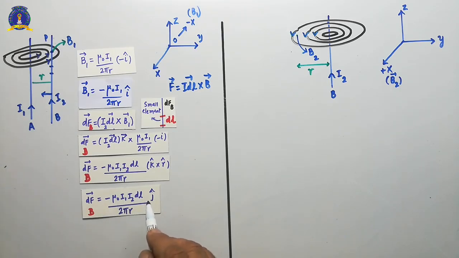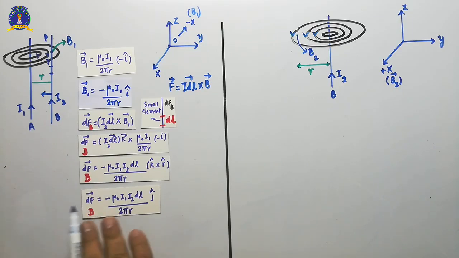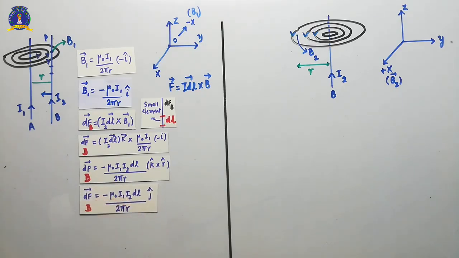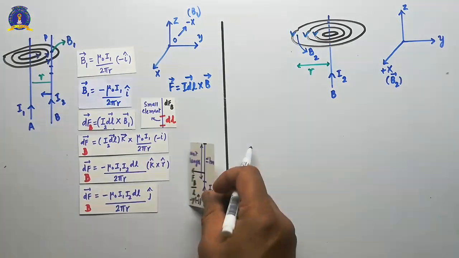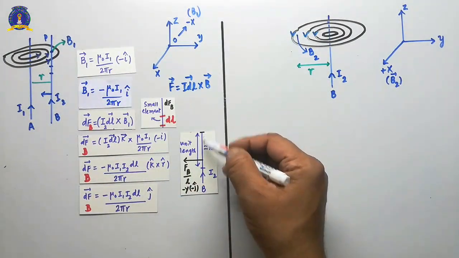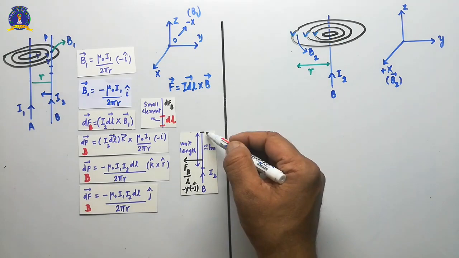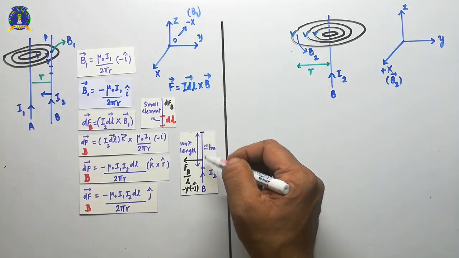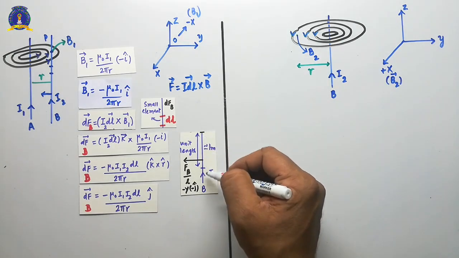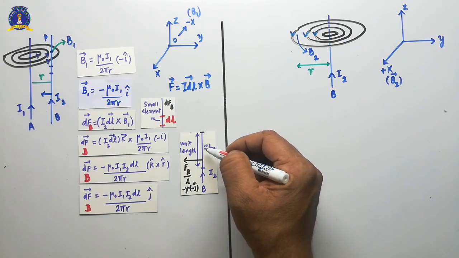Are you clear? Now look at that, very important. So far the force is measured only in the small element. Now we have to calculate the force per unit length. What is this? Force per unit length. Now we have to consider, look at the diagram. In this entire wire, let us take a unit length. It is an infinitely long wire.